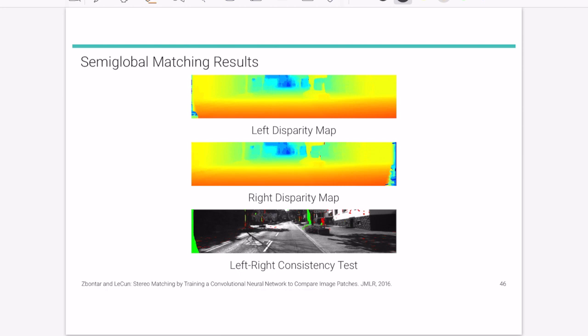And I'll just give some optimization, but semi-global matching is a kind of optimization or post-processing.